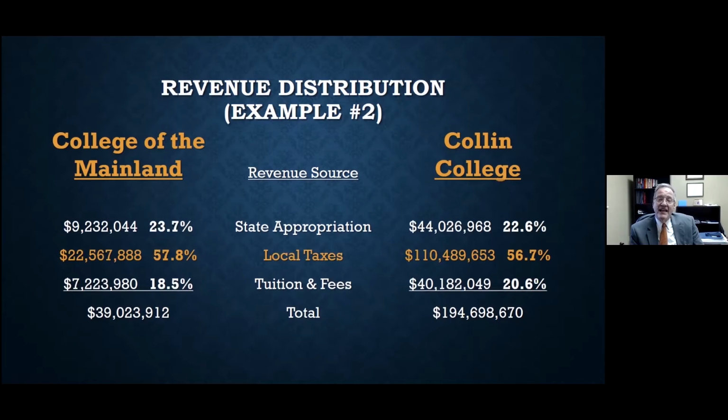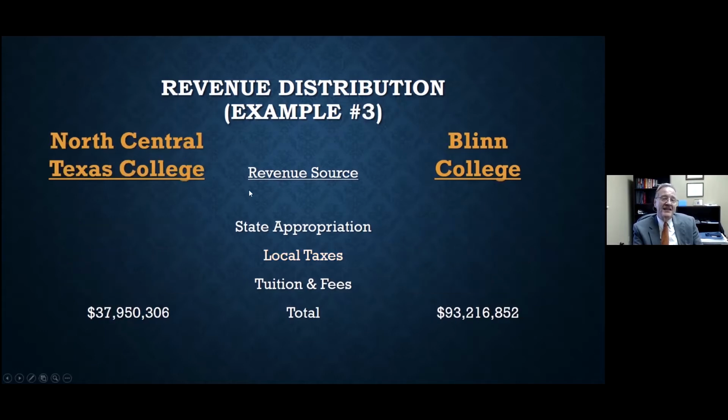You see that they both have over 50% of their revenues coming from local taxes. So in the budgeting process, it's quite important. These guys really have to focus in on the local taxes because that is the overriding and main source of revenue for their institution.